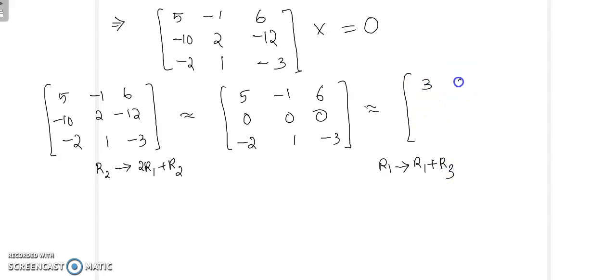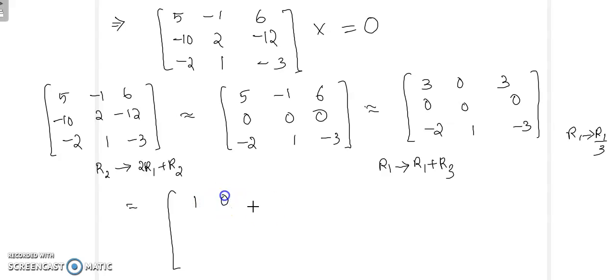So that gives 3, 0, 3. Then 0, 0, 0. Then minus 2, 1, minus 3. So I can again take R1 goes to R1 by 3. So that gives 1, 0, 1, 0, 0, 0. Then minus 2, 1, minus 3.